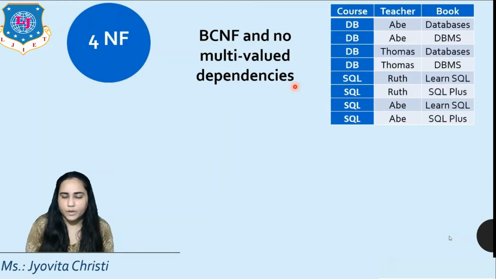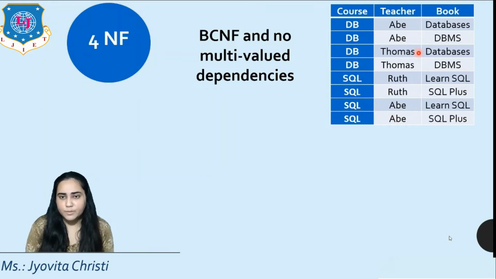So let's take a look at this table. Here there are two courses in this table. First of all, there are three columns: course, teacher, and book. And there are two courses being taught, DB and SQL. And the name of the teacher is given. So Abe is teaching DB, Thomas is teaching DB, Ruth is teaching SQL, and Abe is teaching SQL.